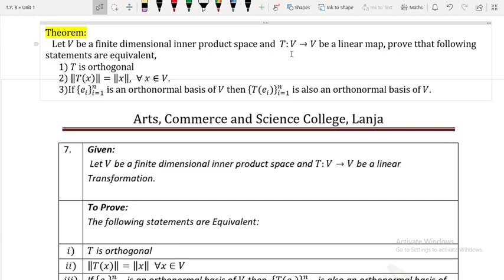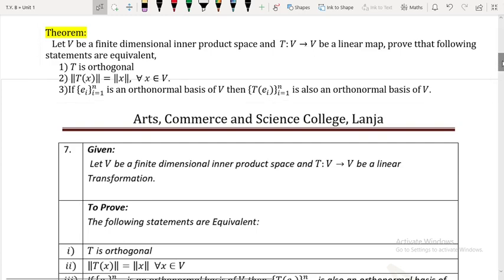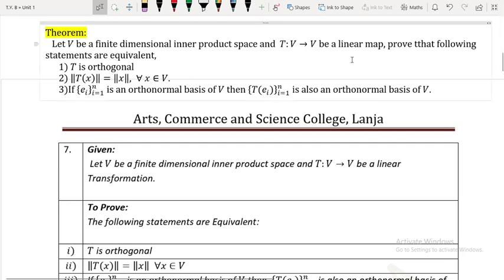And which is that special linear transformation? The first condition is that the domain and codomain of the linear transformation should be the same, and it should satisfy the condition of orthogonality. That is, inner product of Tx with Ty should be equal to inner product of x with y for all x, y belonging to V, right?